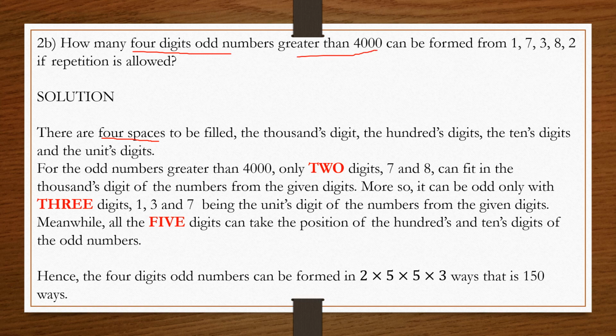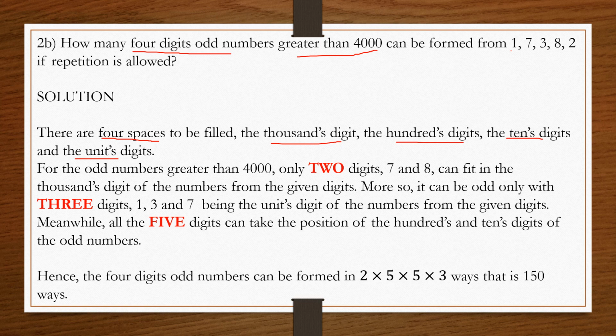So we need the 1,000th digit, the 100th digit, the 10th digit, and the unit digit. Now let's start with the 1,000. If we have 1 to form the 1,000, it will be less than 4,000. If we have 7, yes, it will be greater. If we have 3, it will be less.